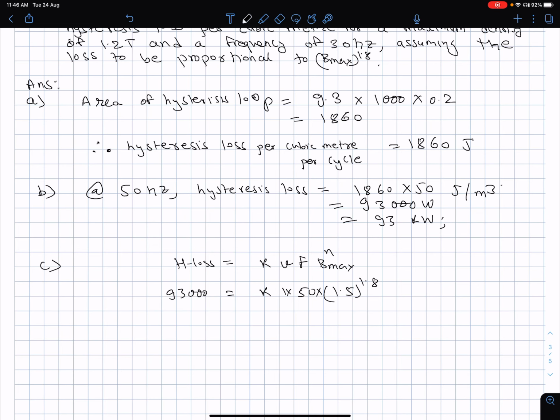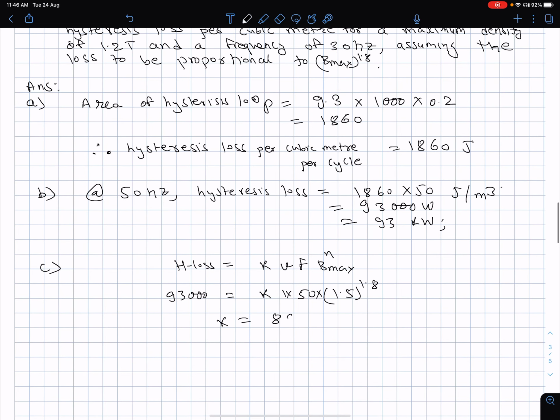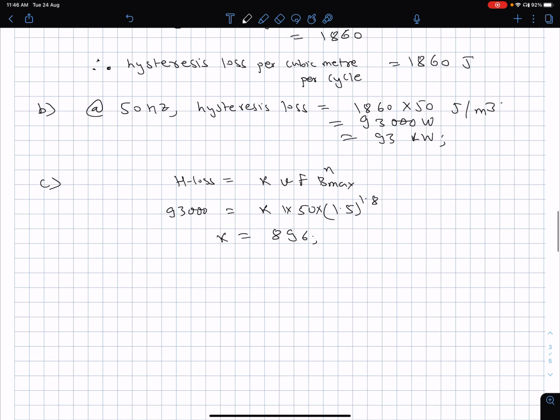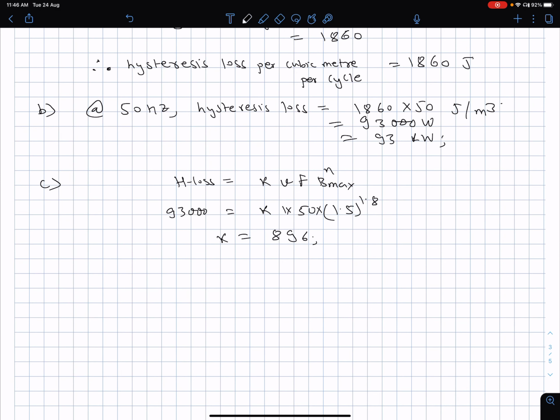If you solve this, K will turn out to be 896. So now what is given to us is to calculate at Bmax equal to 1.2 Tesla and f equal to 30 hertz.